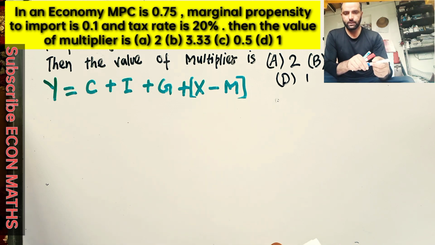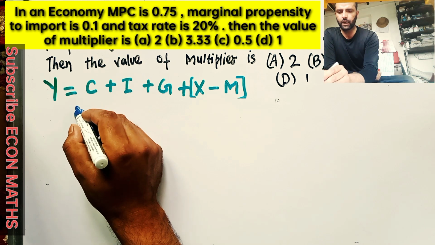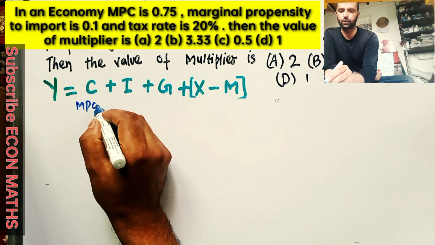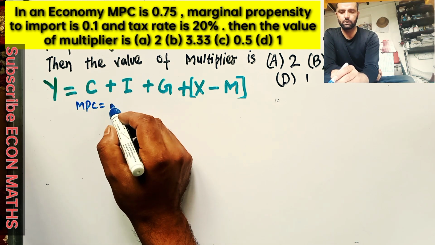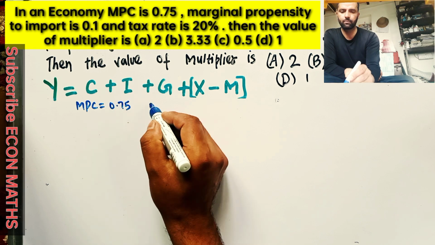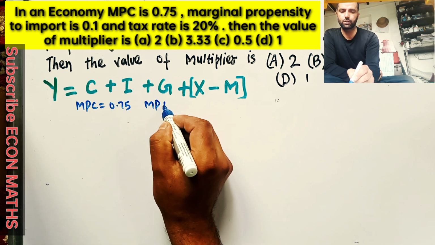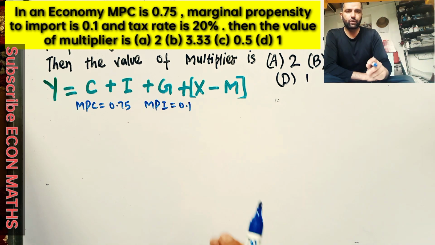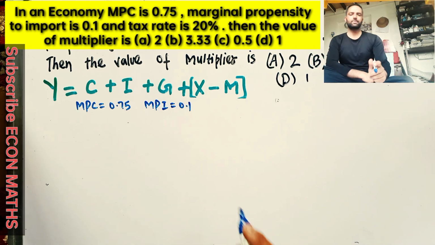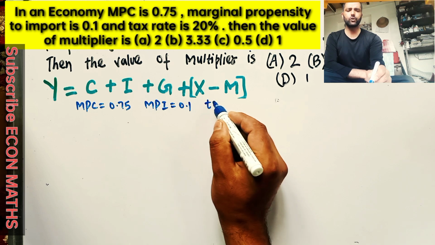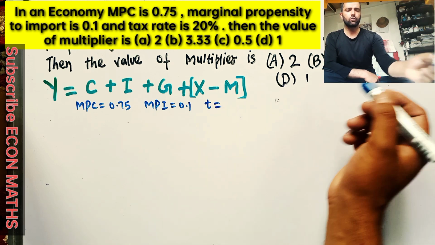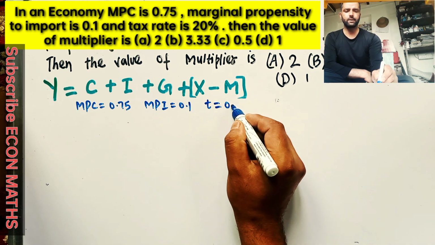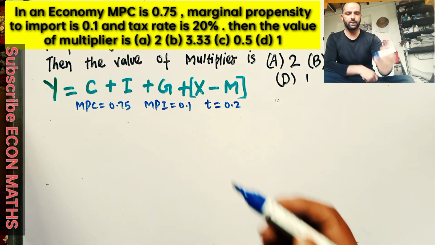In the question, we are given marginal propensity to consume equal to 0.75, marginal propensity to import as 0.1, and the marginal tax rate, let's denote it by t, equal to 20%, which I can write as 0.2 when I convert the percentage into decimals.